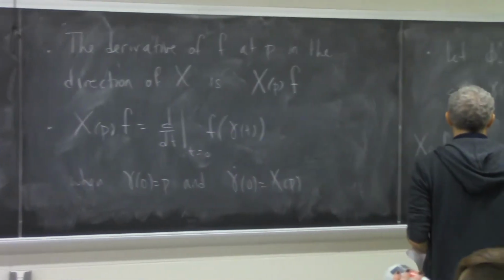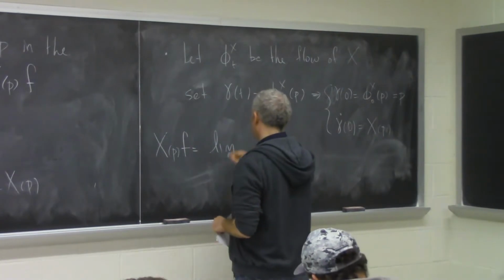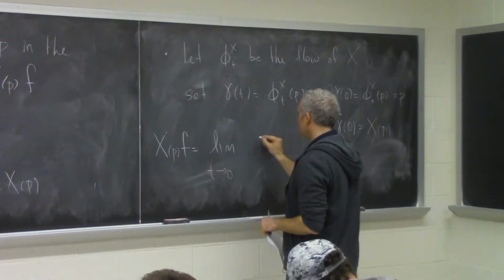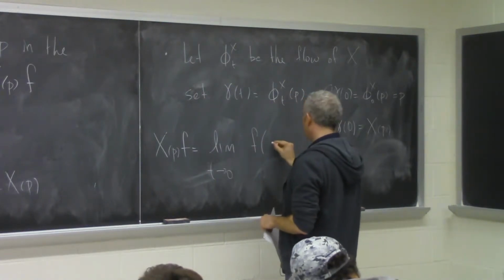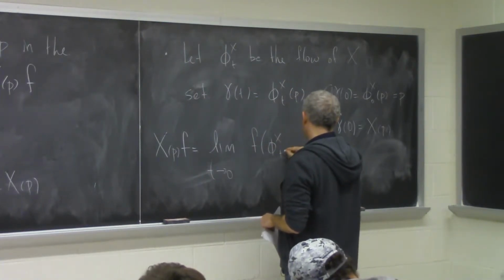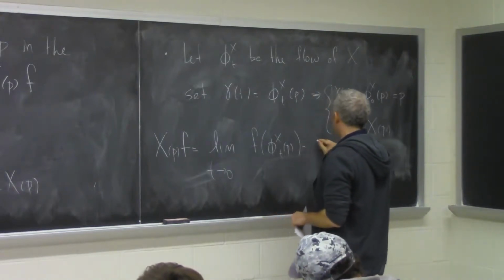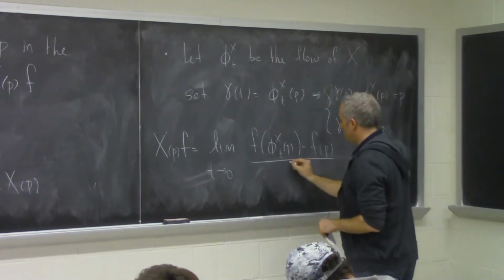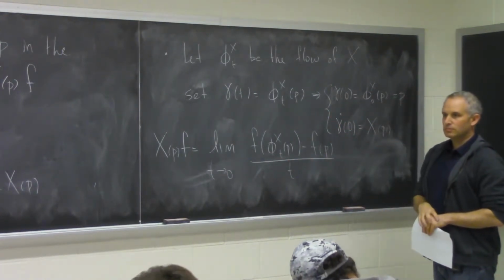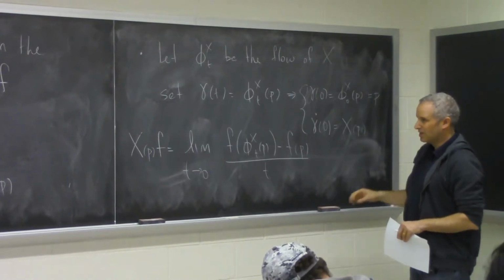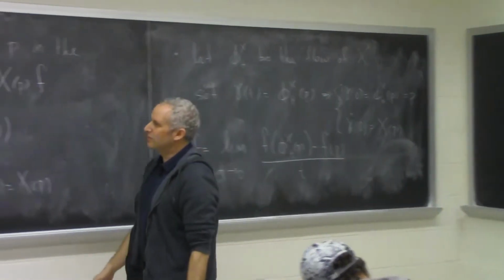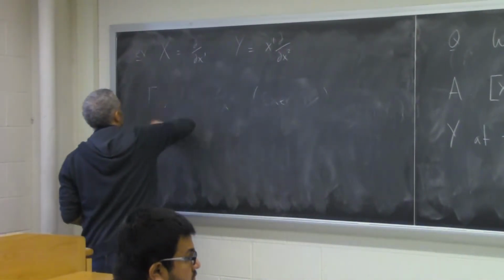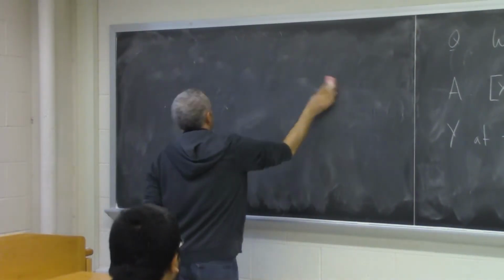So it's equal to, this is just taking the place of the derivative, this is the definition, the limit as t goes to 0 of f(φ^X_t(p)) minus f(p), over t. Okay? Good. So what's our first guess for the directional derivative of Y at p with respect to X?